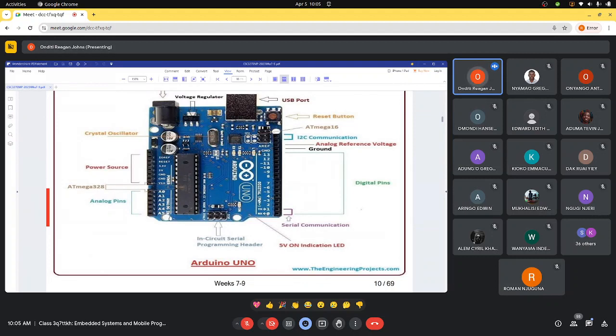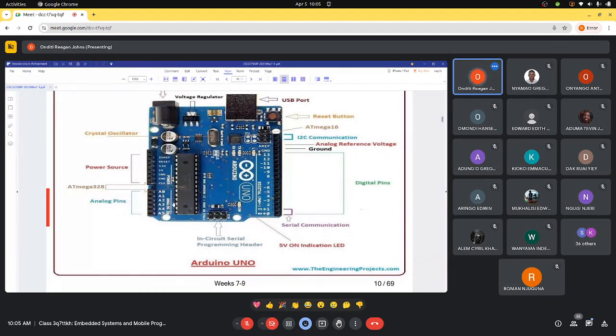So I want you to create some reading time, visit the engineeringproject.com website, and have a look at, I want you to master, how these pins work.